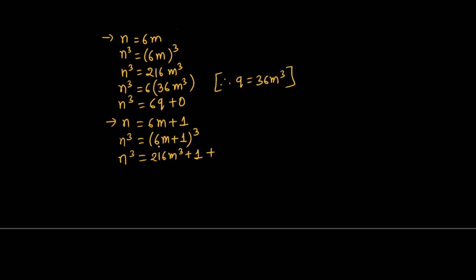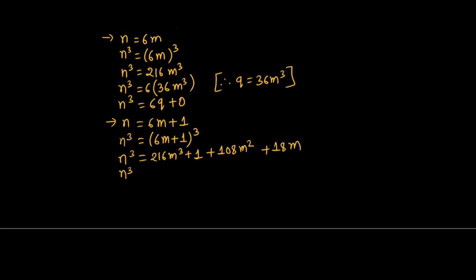A square is 6 square, 36. 36 into 3 is 108. 108 m square plus 3ab square. So 3a, 3 into 6 is 18. 18 m.